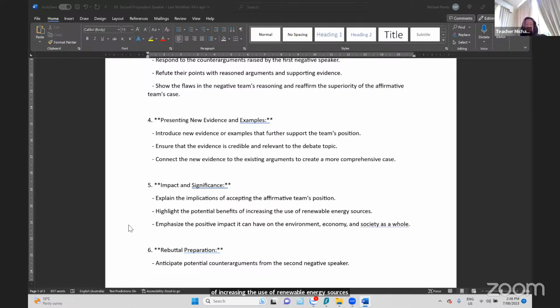So this is specifically to do with this debate, but whatever the topic is, that's what you're trying to highlight the benefits of. And you want to emphasize the positive impact it can have on the environment, the economy, and society as a whole. So you're showing how widespread the benefits can be of accepting your motion.